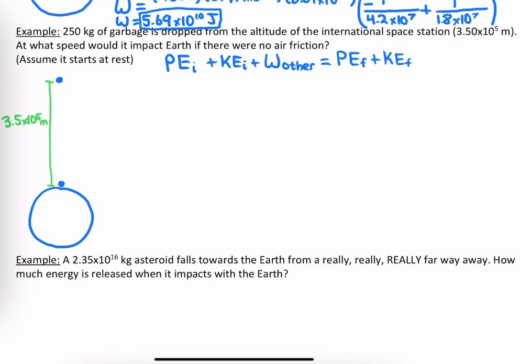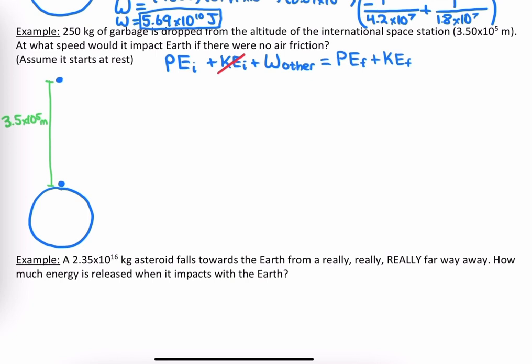So at the very beginning, remember, potential energy is 0 when we're infinitely far apart. That is not the case in either of these situations, so I clearly am going to have potential energy at the beginning and potential energy at the end. Kinetic energy, however, is going to be 0 if something's not moving. And this problem says to assume it starts from rest. So right up here at the beginning, I have no speed, I have no kinetic energy. So kinetic energy initial is going to be 0.